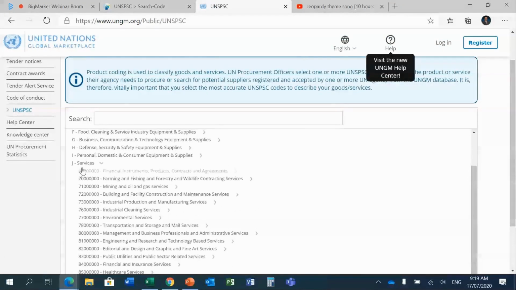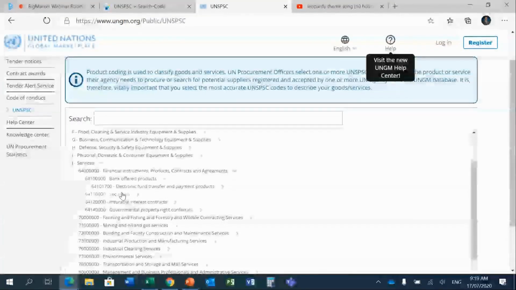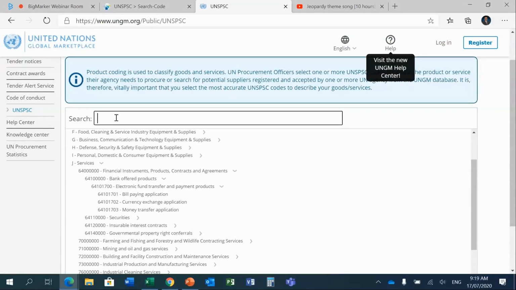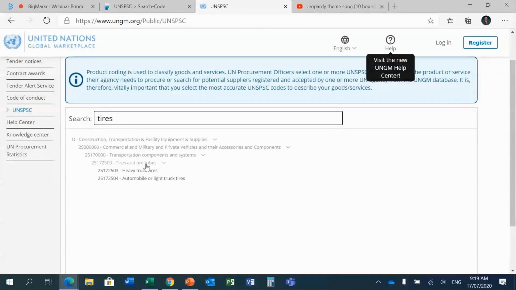Under this heading, I can drill down, and I can keep drilling down until I get to the lowest level in the code. And again, you can also search for the codes here or the description. So if I type in the same thing, tires, it searched everywhere that contained the word tires.